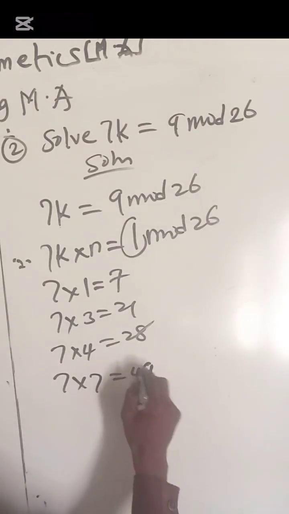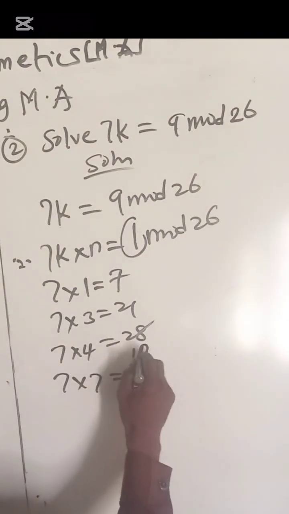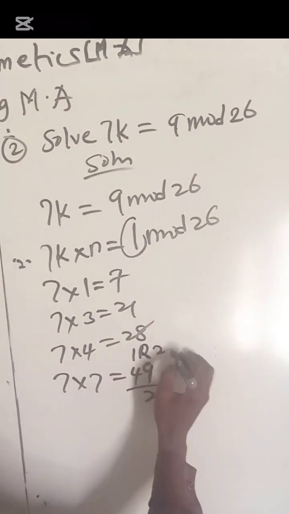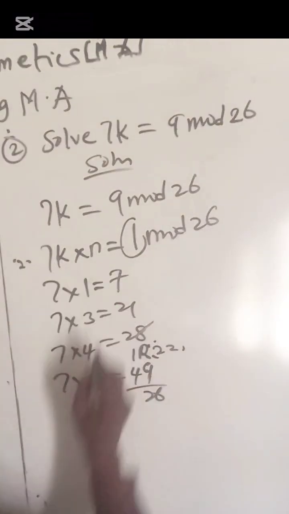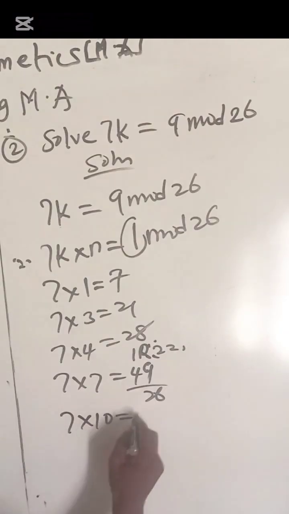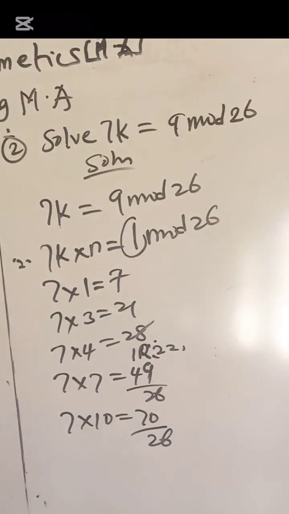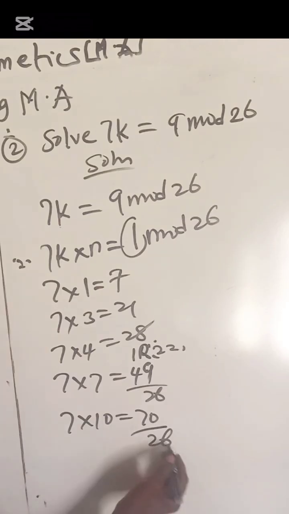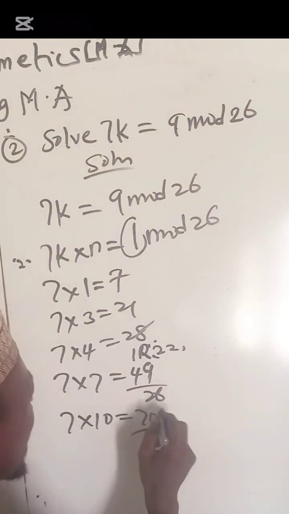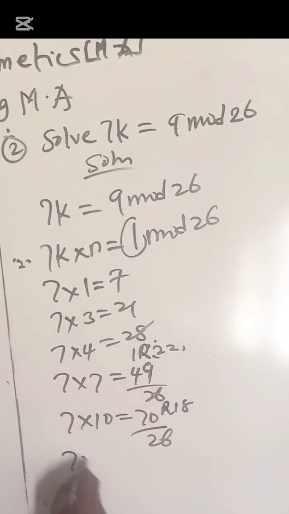Divided by 26, it gives you 1 remainder 23. You're not close because it is the remainder that we need. Let's say 7 times 10, 70 divided by 26, let's use our calculator to save time. It gives 2 remainder 18. And we are looking for remainder 1, so we are not close.